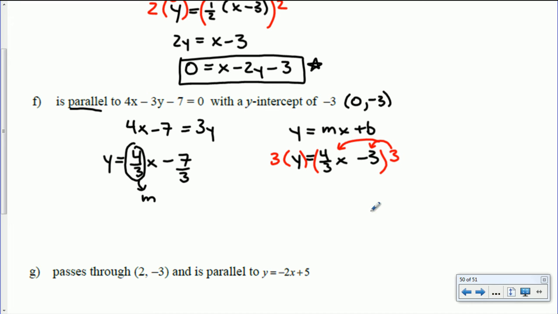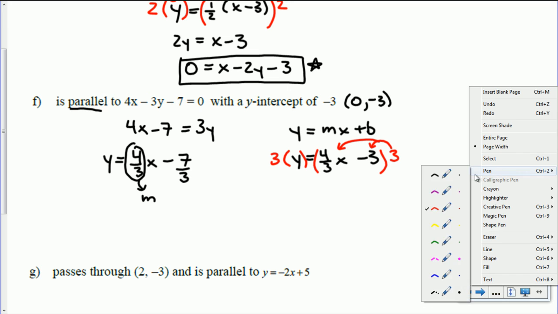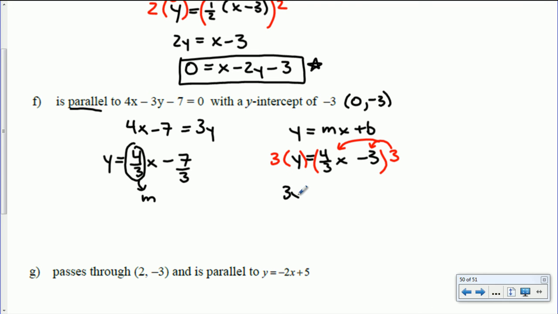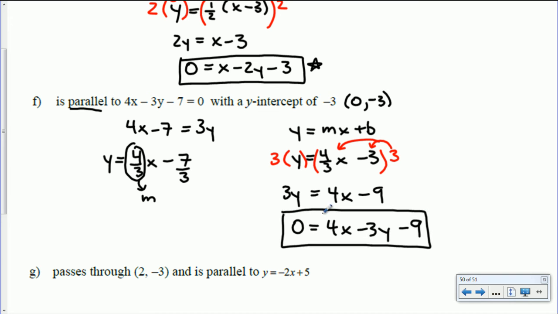That gets both things in there. The left side becomes 3y. The right side becomes 4x minus 9. I want to keep this positive, so I'm going to keep everything on the right side, so I'll bring this one over to join them. So 0 equals 4x minus 3y minus 9. Okay, and that's 3f.